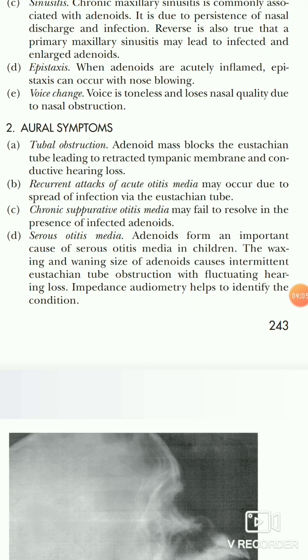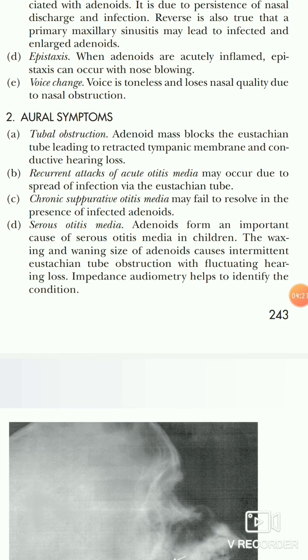Aural symptoms. Tubal obstruction. Adenoid mass blocks the eustachian tube, leading to retracted tympanic membrane and conductive hearing loss. Recurrent attacks of acute otitis media may occur due to the spread of infection via the eustachian tube. Chronic suppurative otitis media may fail to resolve in the presence of infected adenoids.